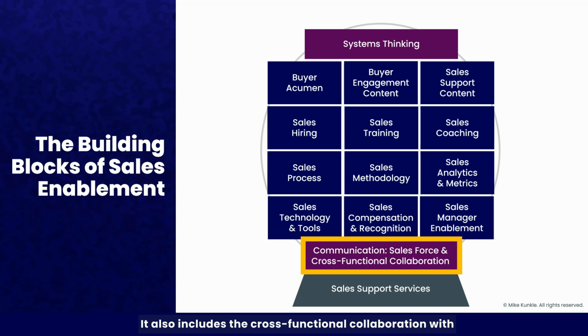It also includes the cross-functional collaboration with other departments to get aligned on who does what and who supports whom, as you all work together supporting the sales force as they support their buyers and customers. This is where the Sales Enablement Charter comes in, to ensure that everyone is rowing the boat in the same direction and communicating clearly about everything.